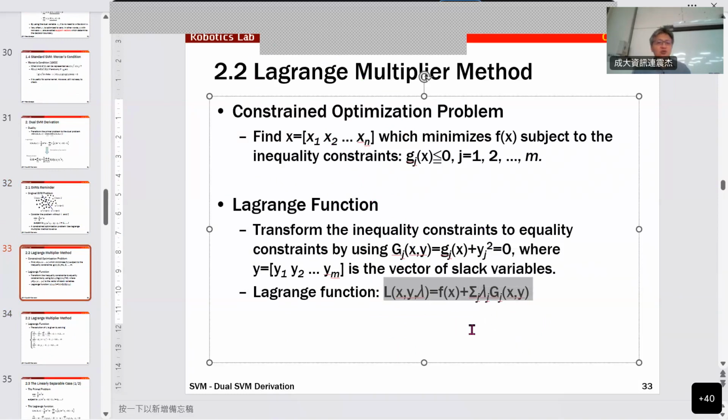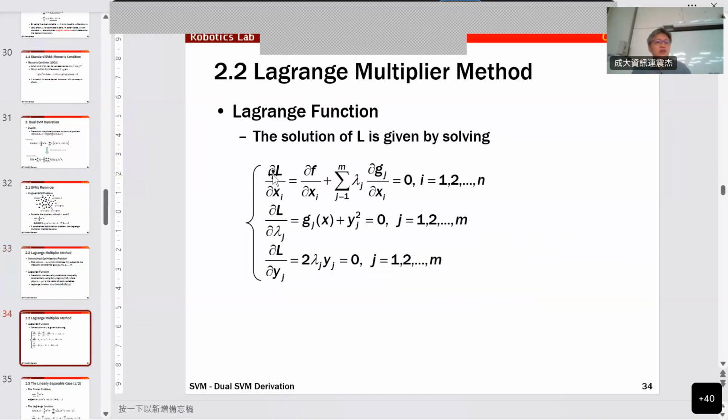Lagrange is actually similar to gradient descent: for any unknown parameters, you try to take the derivative. The same for Lagrange, you just have one more noise term. So you just try to solve this Lagrange using derivatives, the same as gradient descent. So that's it for the SVM.